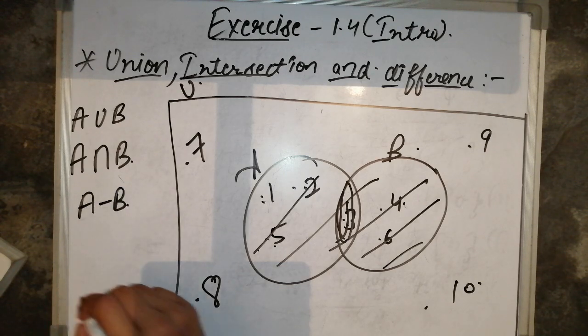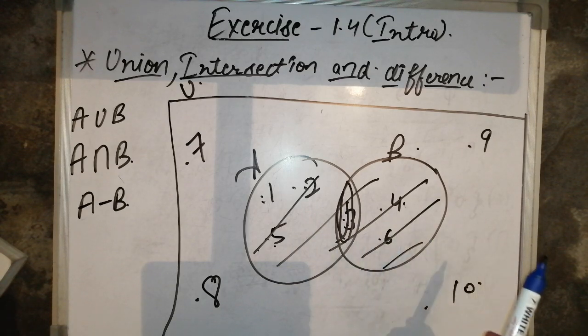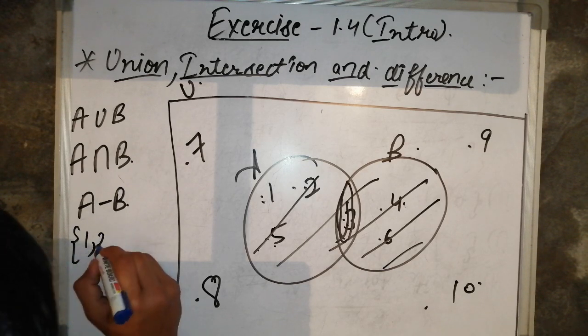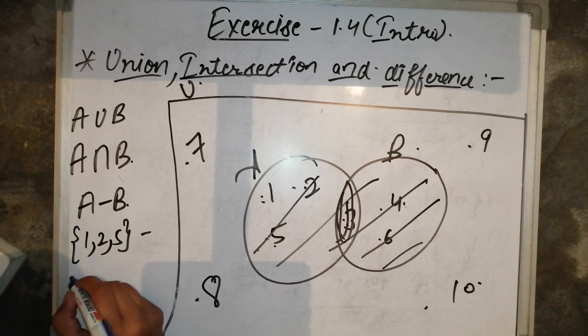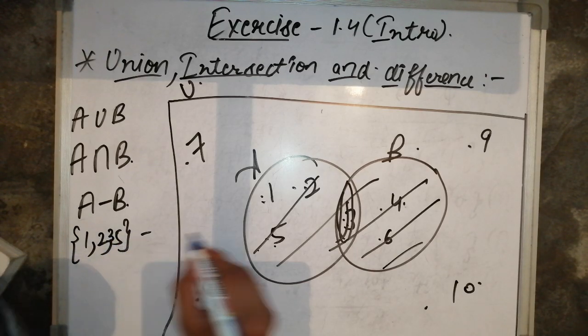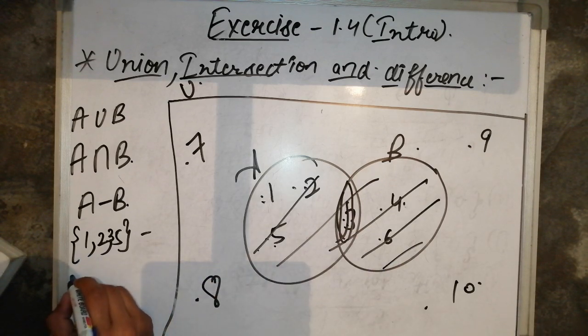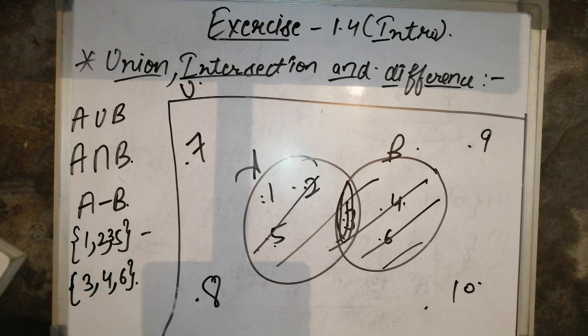A minus B, okay? In this we will subtract the B set from the A set, okay? A is 1, 2, 3, 5, because 3 is also present in this A set, okay? And B set is 3, 4, 6.